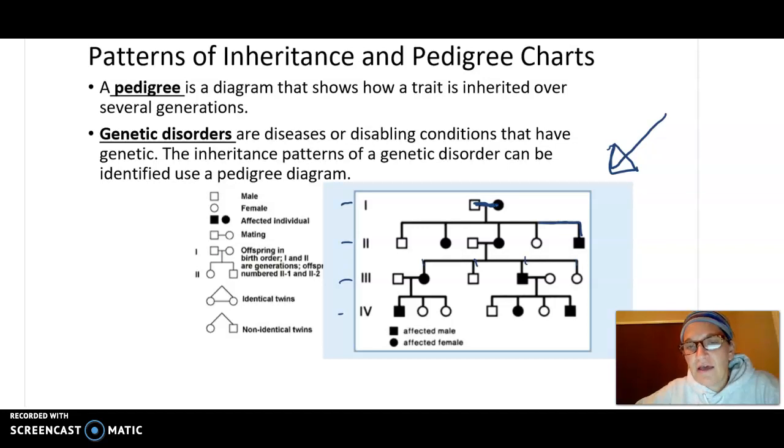Those two individuals have offspring. The offspring come down from that connected line, and then they branch out. They have one son, a daughter, another daughter, and another son. So in generation 1, they had 5 children.